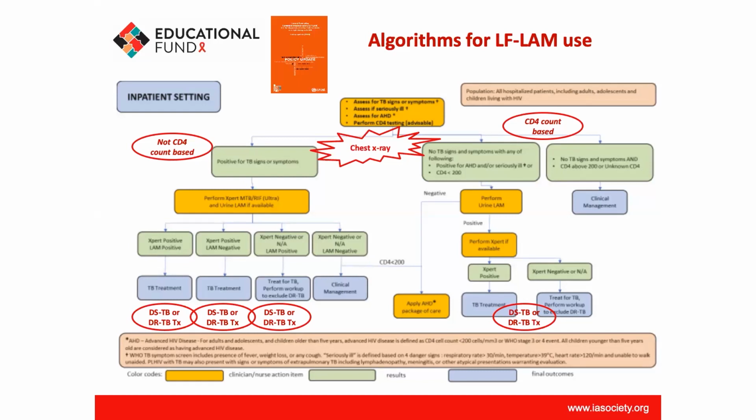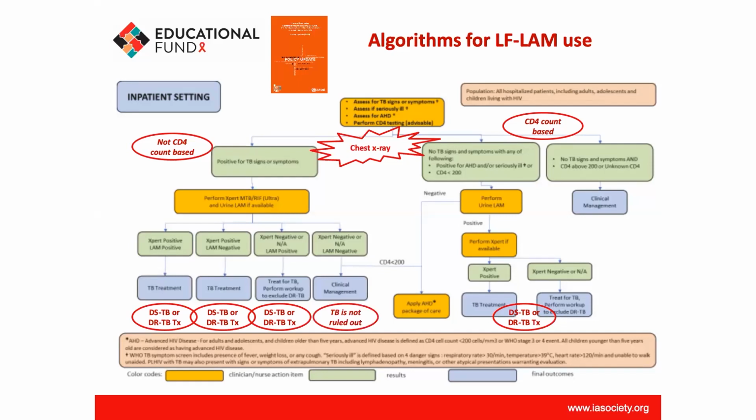So there may on occasion need to be some decisions made as to whether to empirically treat for drug-resistant TB if the patient has a positive LAM, but you have no genotypic result to inform you about drug resistance. But starting the patient on treatment early while you're doing those further investigations has certainly proved to save lives.